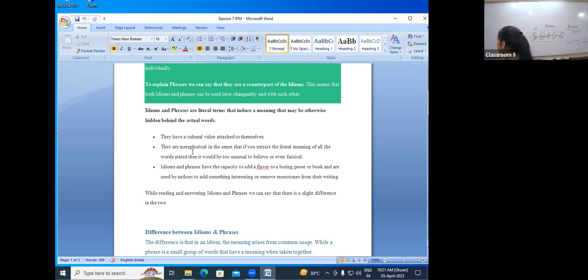Okay, so here this is the same, and it has the capacity to add flavor. For example, if the prose or your poem is very bland, you add something to it by giving hidden meanings. Especially you will find, I don't know if you have read about Shakespeare or not.